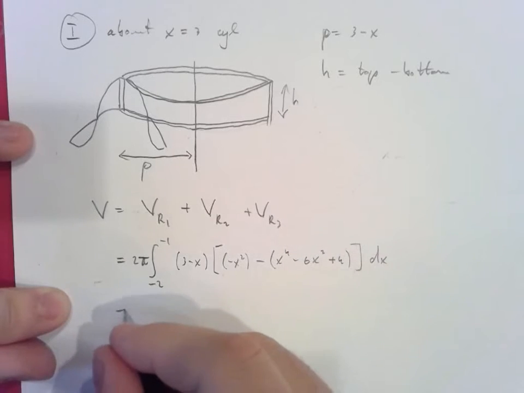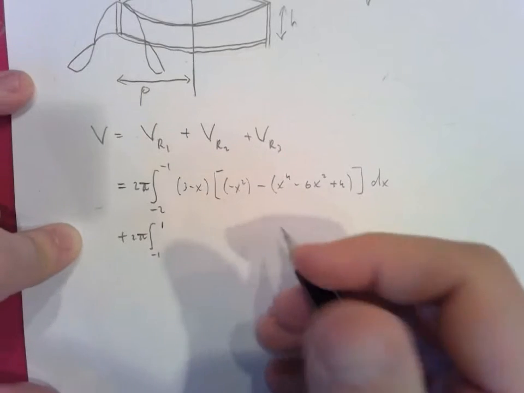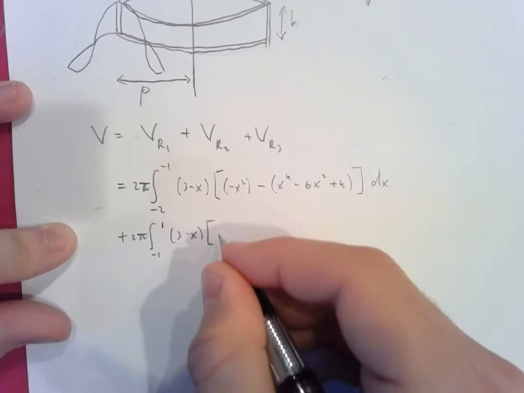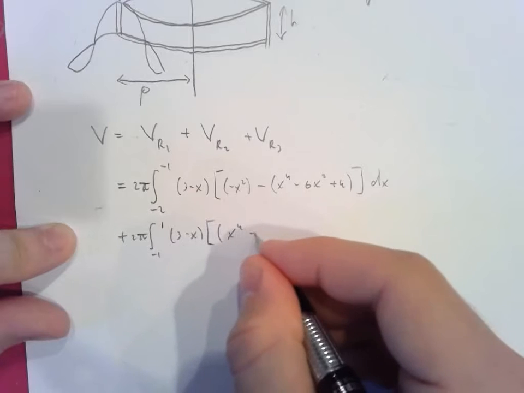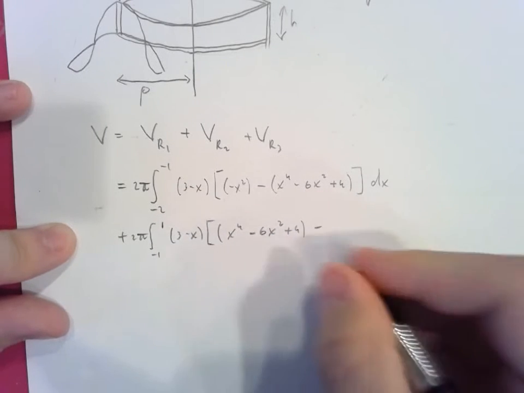Plus, now the volume over region 2 is 2 pi integral from minus 1 to 1, same rho, except this time around the top curve is the 4th degree polynomial. The bottom curve is the x squared.